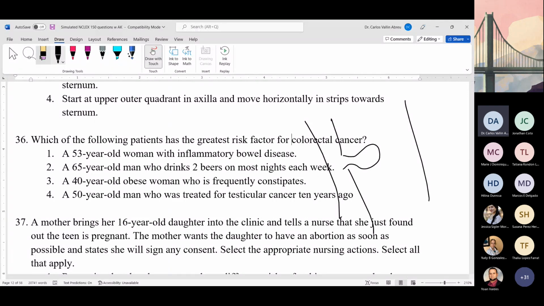Those are the main risk factors. Say again? Crohn's disease, well, inflammatory bowel disease is Crohn's disease and ulcerative colitis. Yes, that's why the answer is number 1.